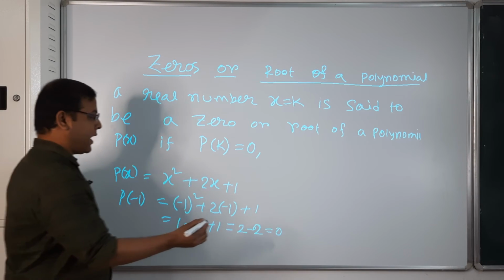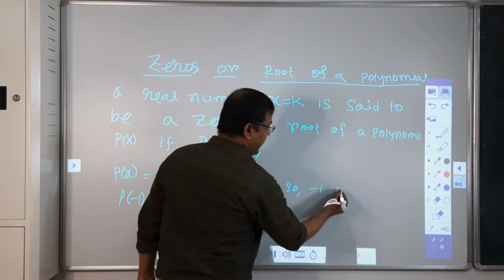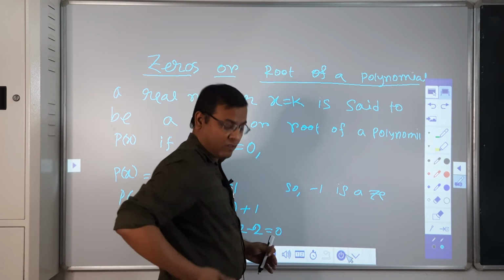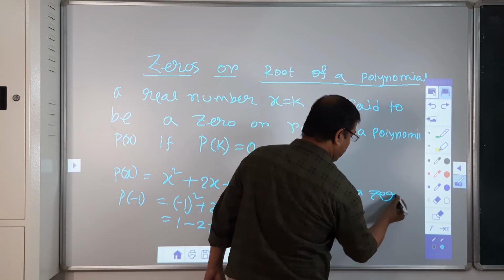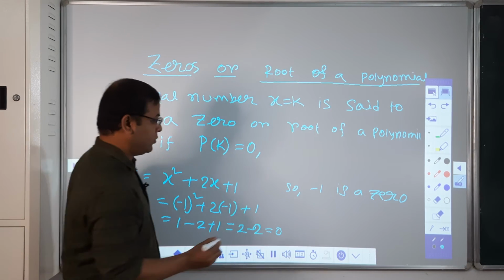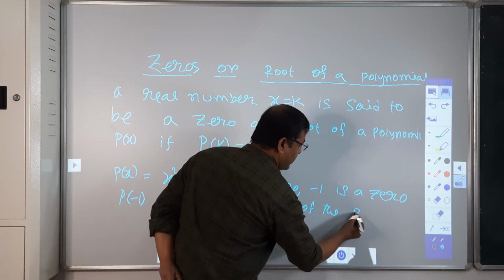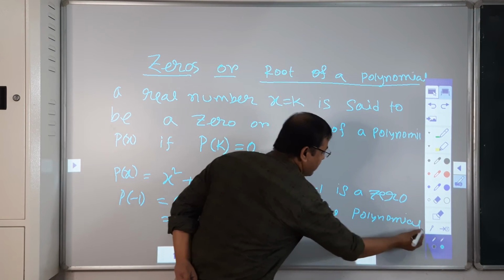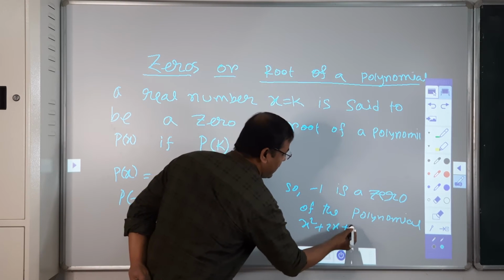So, minus 1 is a zero of the polynomial x square plus 2x plus 1.